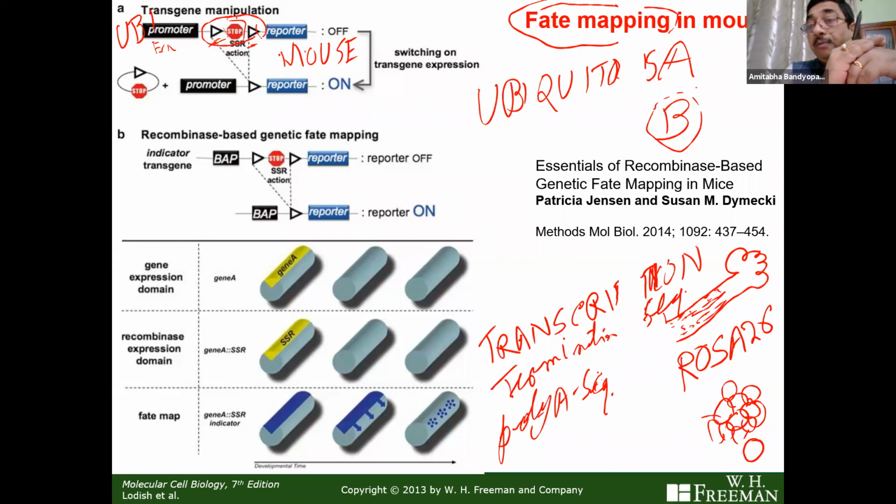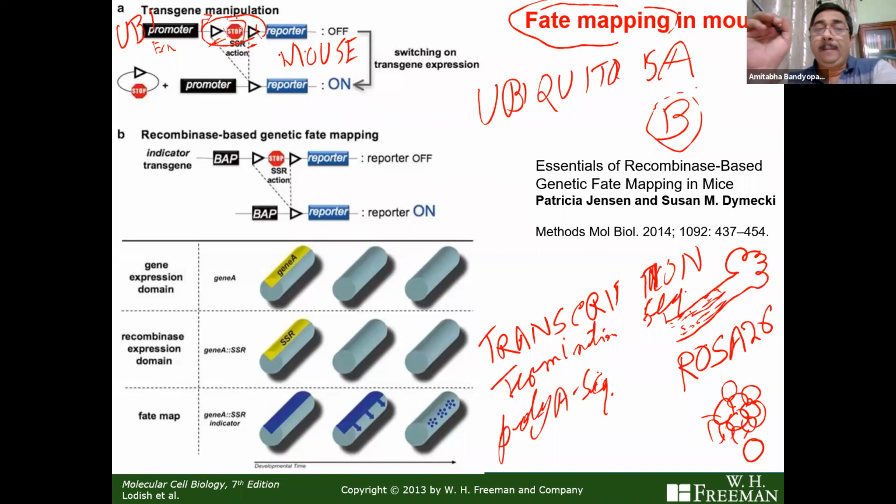As a result, RNA pol will start the transcription right here, it will go, and when it hits here, it will fall off. So the reporter cannot be transcribed as long as this sequence is there.